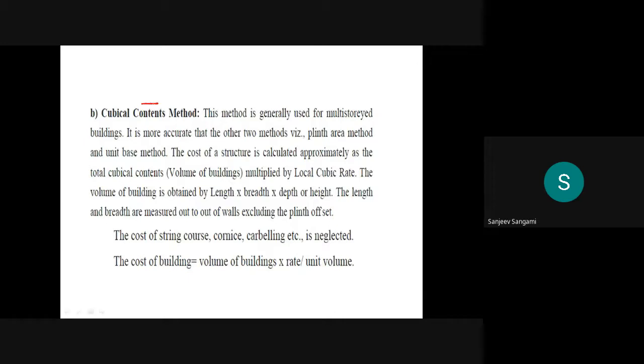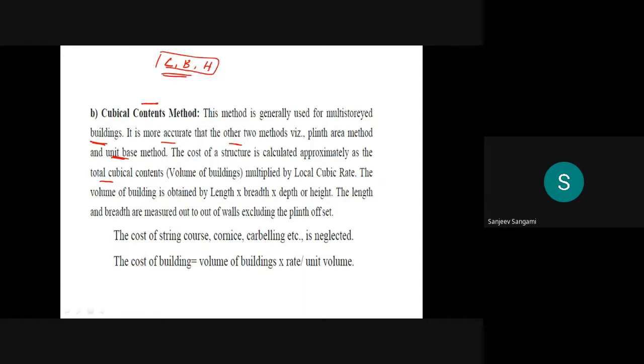Then the cubical contents method. This method is generally used for multi-storey buildings. It is more accurate than the two other methods, normally the plinth area and unit-based methods. The unit-based method we'll discuss later. The cost of the structure is calculated approximately by the cubical content. Why? Because it is accurate: you will know L, B, H, all three.